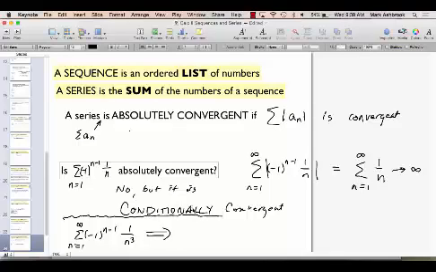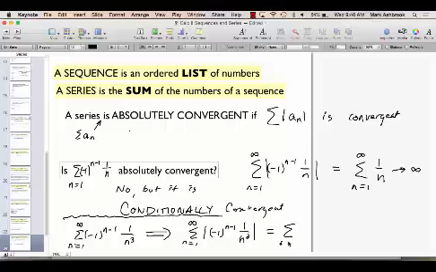So we're going to investigate this. Take all those terms and make them positive, or just take the absolute value of those terms. And what do you get?